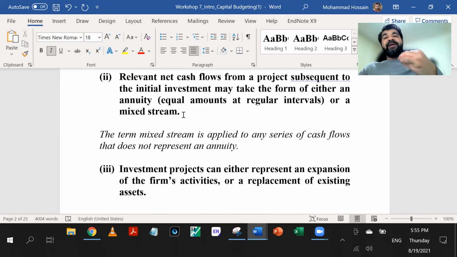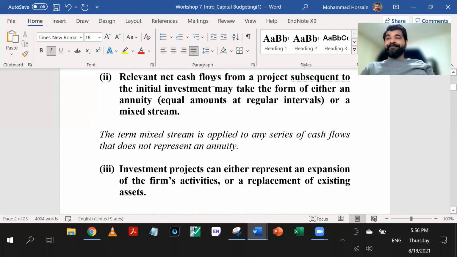The ordinary annuity, we make the payment at the beginning, right? So these things we'll be talking in here too. The mixed stream is applied to any series of cash flow that does not represent an annuity. Annuity means that at regular intervals, the same amount of money is coming into the business. If it is not the same amount of money, that's not annuity. Any other format, mixed stream. Consider that.